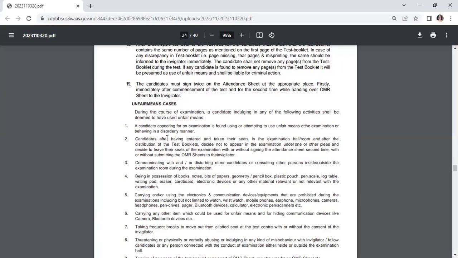Unfair means cases: a candidate appearing for the examination is found attempting to use unfair means or behaving in a disorderly manner.